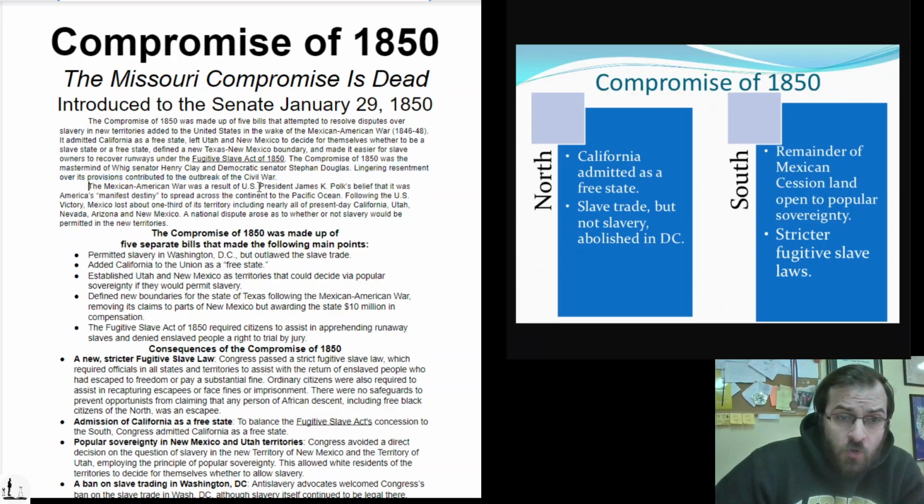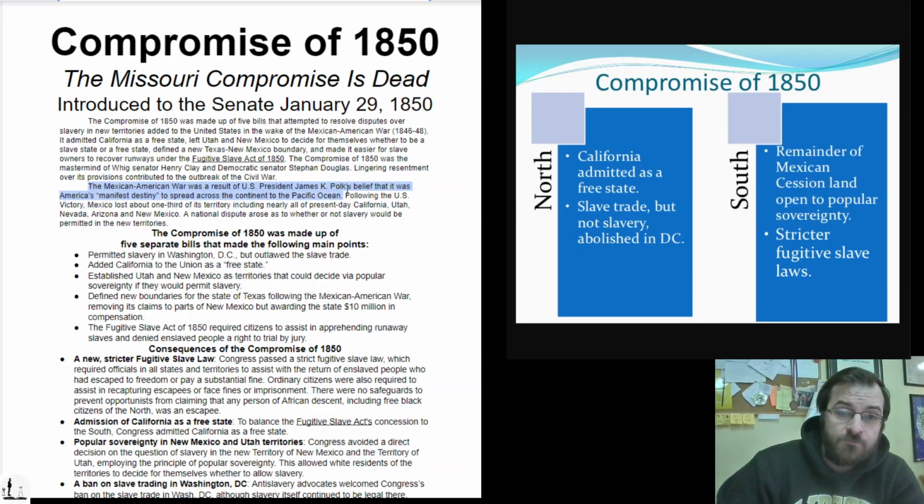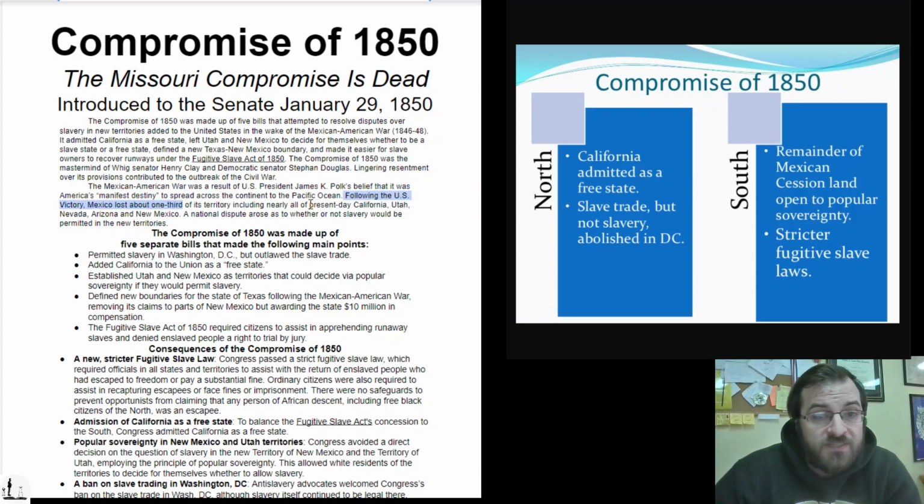The Mexican-American War was a result of U.S. President James K. Polk's belief that it was America's manifest destiny to spread across the continent to the Pacific Ocean. Following the U.S. victory, Mexico lost about 1/3 of its territory, including nearly all of present-day California, Utah, Nevada, Arizona, and New Mexico.